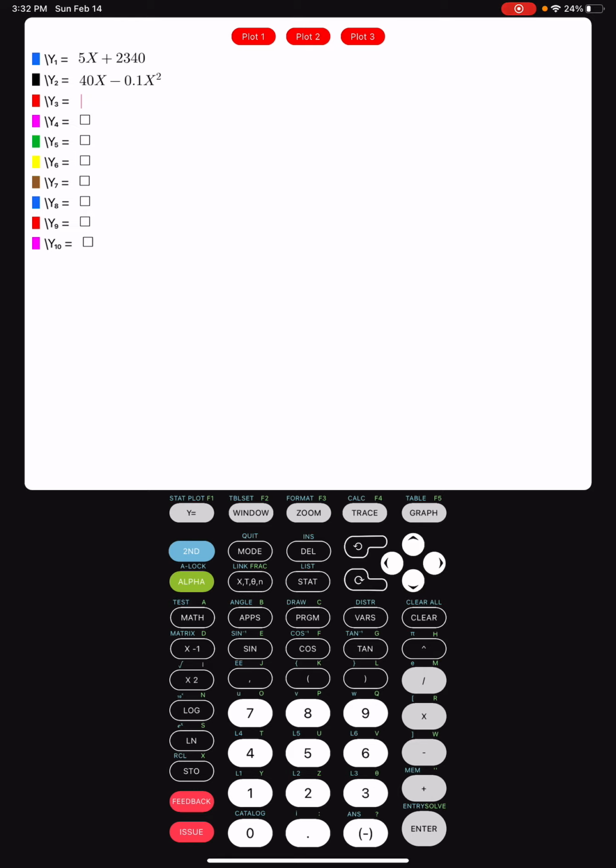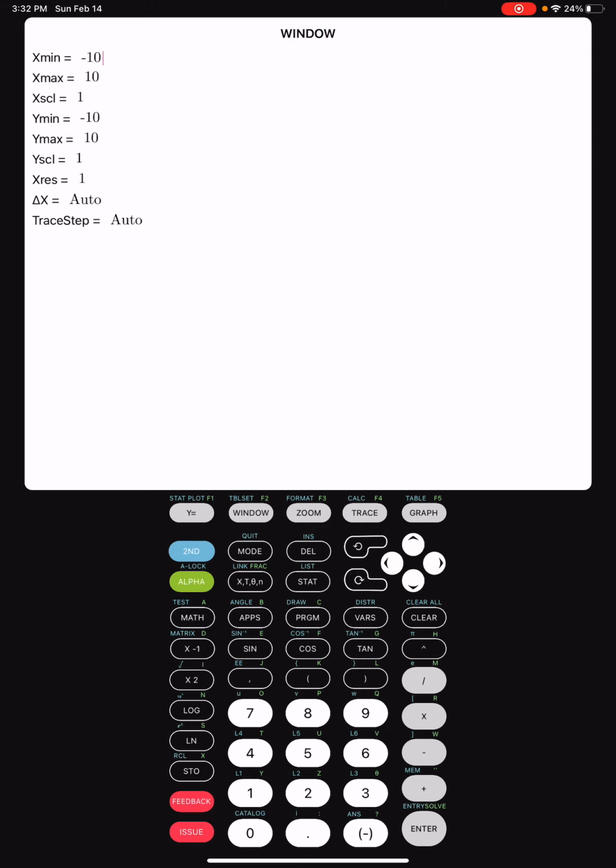And then my red one will represent the profit function, which is 35x minus 0.1x squared minus 2,340. Okay, but I think I put on the notes backward, like highest power, but it's commutative property. So let's plug it in. And I'm going to adjust the window. They said 0 to 1000, right.